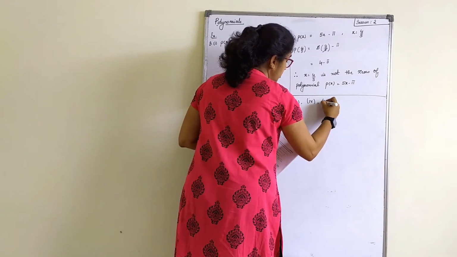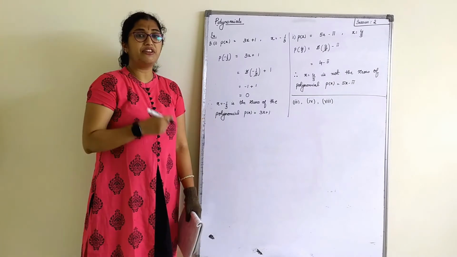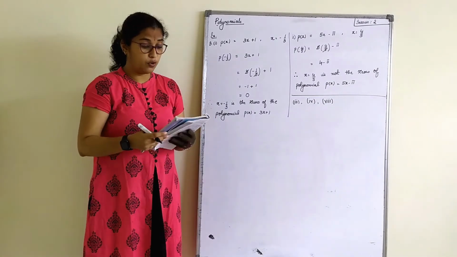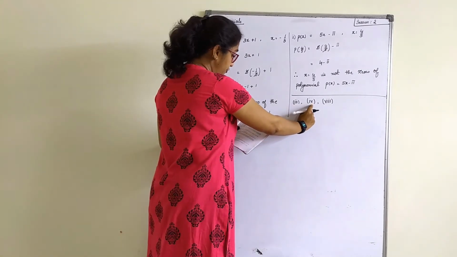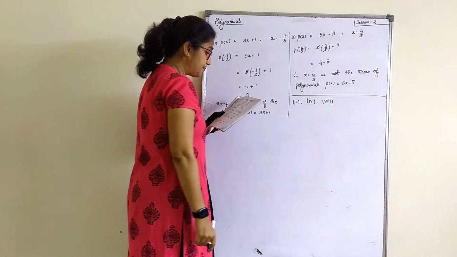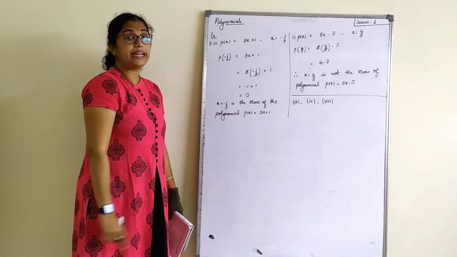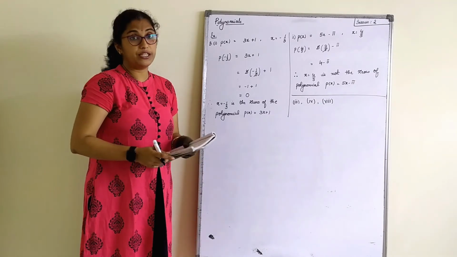I will make sure that the difficult sums are done here in the class itself. Only the similar and very simple ones I will be giving for homework. So I have written here third one, fourth one and eighth one. You have to mark those as homework. Remaining we will be doing here.